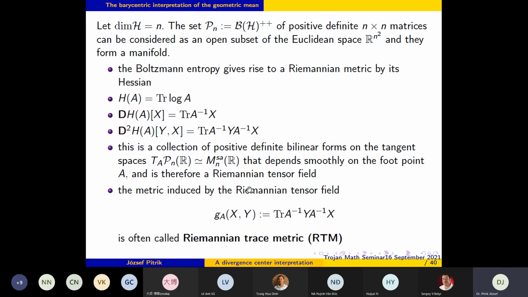And finally, the metric induced by this Riemannian metric tensor is given by this formula and is often called the Riemannian trace metric. So in this way, we have defined a Riemannian metric on positive definite matrices.